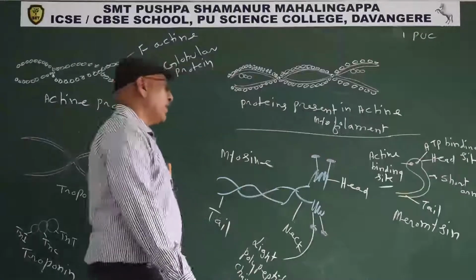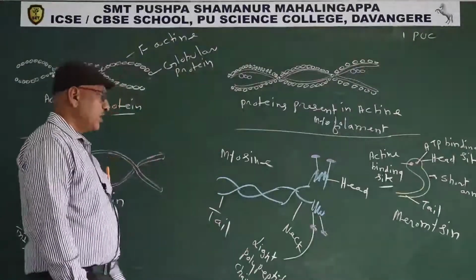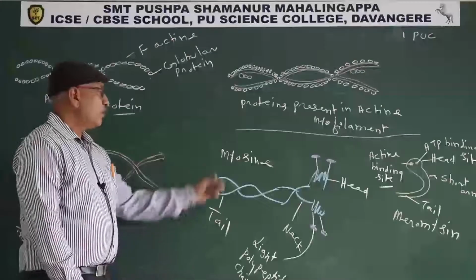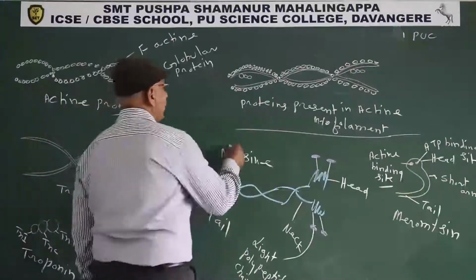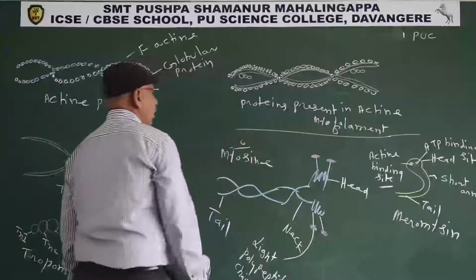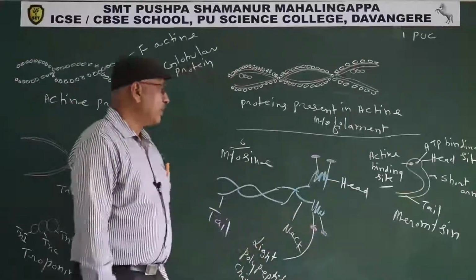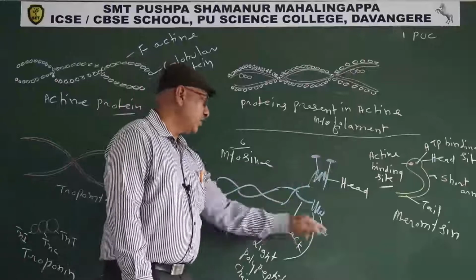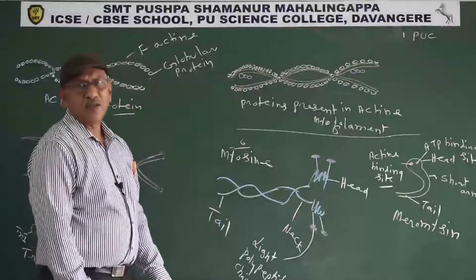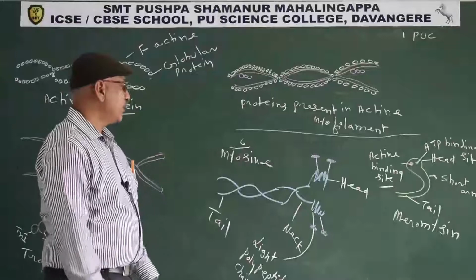Next one, myosin filament contains only one protein, myosin protein. Myosin protein contains 6 polypeptide chains: 2 heavy polypeptide chains and 4 light polypeptide chains.